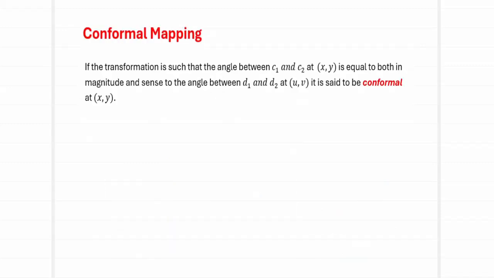Now we will see what is going to happen in conformal mapping. If the transformation is such that the angle between curve 1 and curve 2 at any point x comma y is equal both in magnitude as well as sense to the angle between the curves D1 and D2 at u comma v, then the mapping is said to be conformal at x comma y.